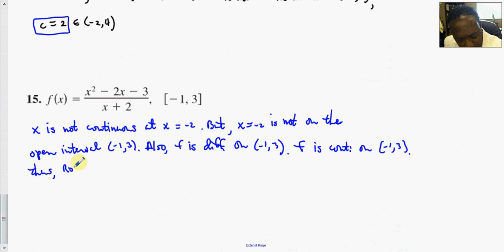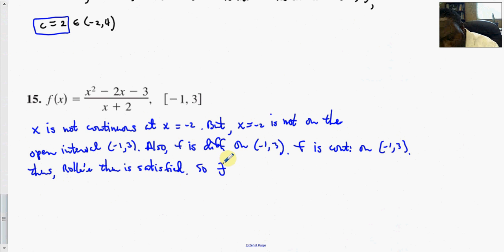Thus, Rolle's theorem is satisfied. So there does exist a C on the open interval from -1 to 3, such that F prime of C is supposed to give us 0.